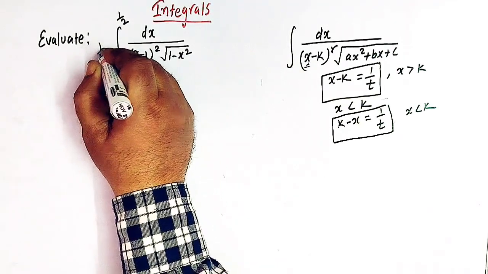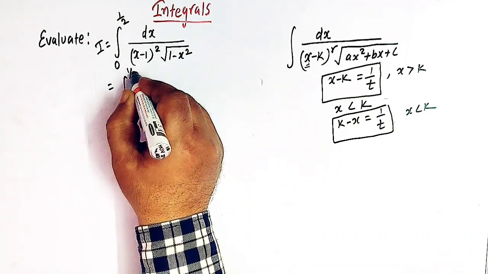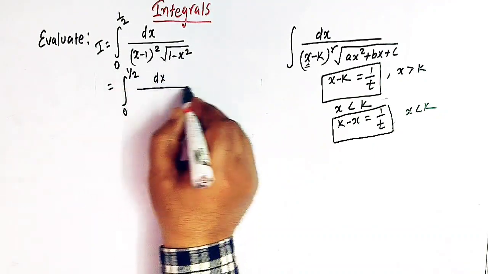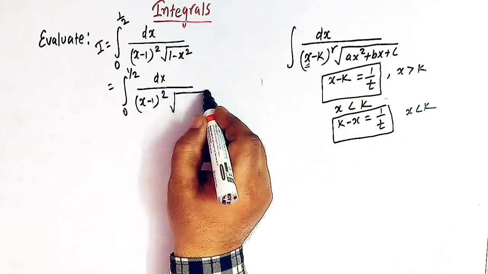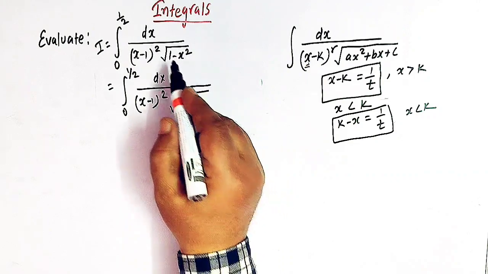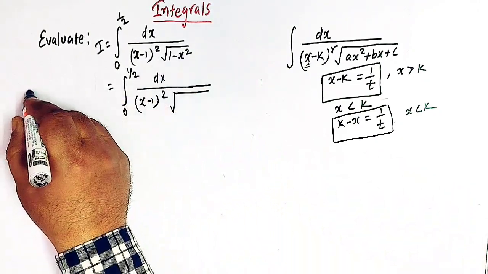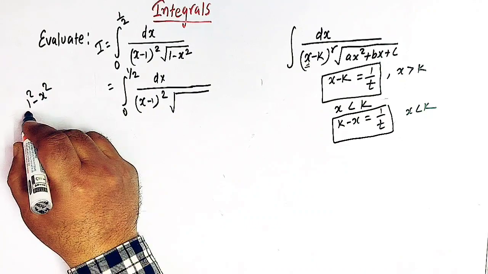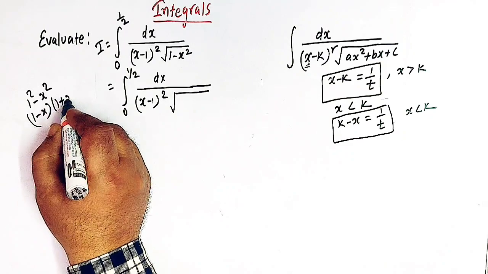Now let us take this integral I. We can write I as the integral from 0 to half of dx over (x minus 1) square, and inside the square root sign we have 1 minus x square. This is of the form 1 square minus x square, which can be factorized as (1 minus x)(1 plus x).